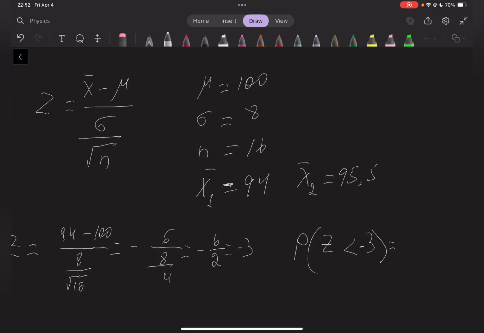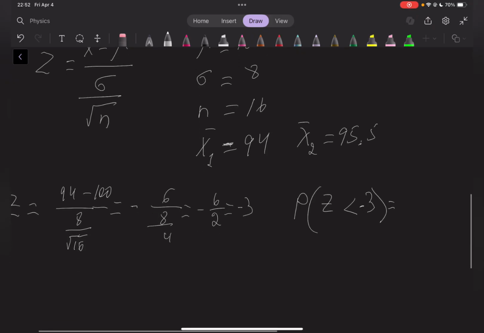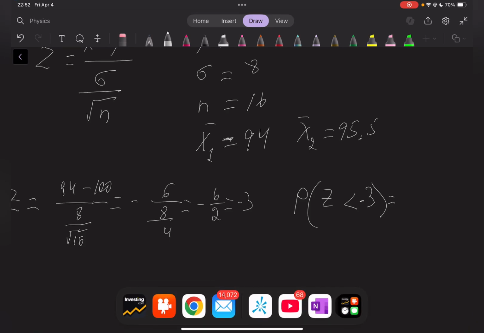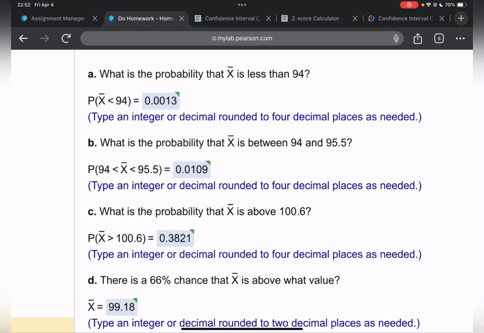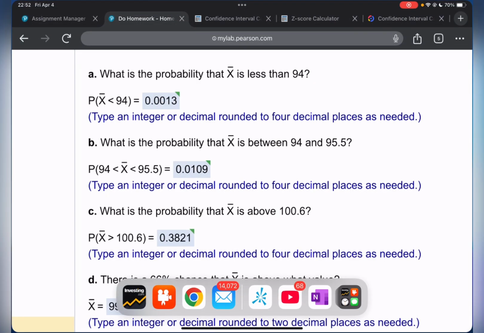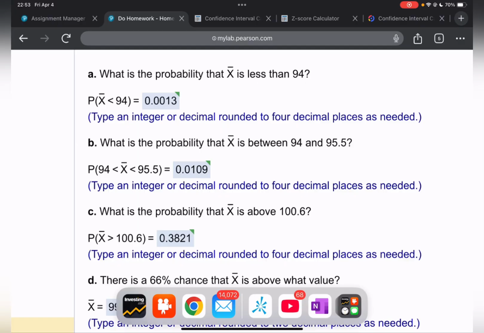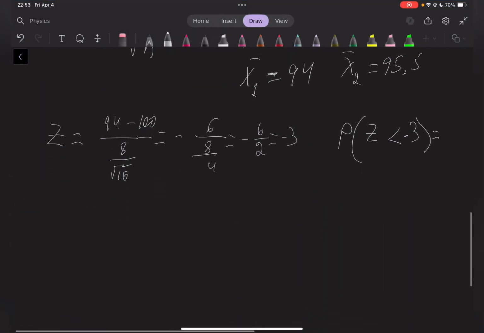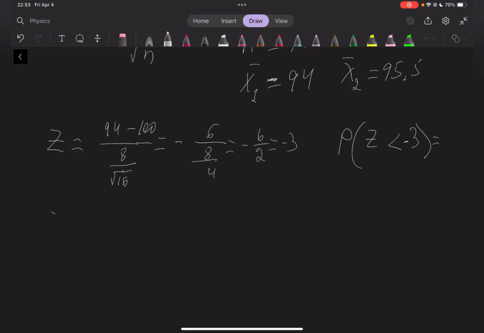For 94 we have negative 3. Now we need to calculate for 95.5, because we have the interval, let me see, is it between? Yes, it is between. All right, and I'll show you in a minute. So we need to do now for 95.5.